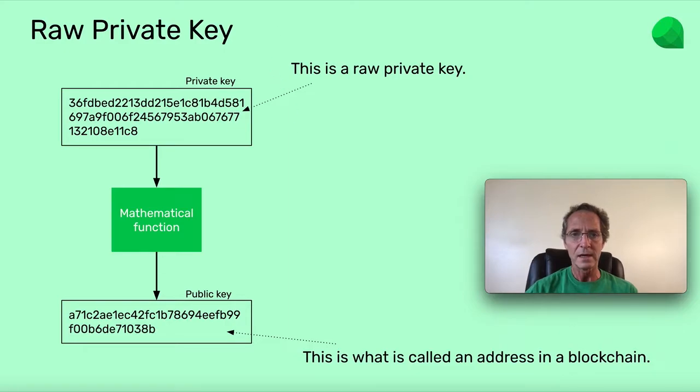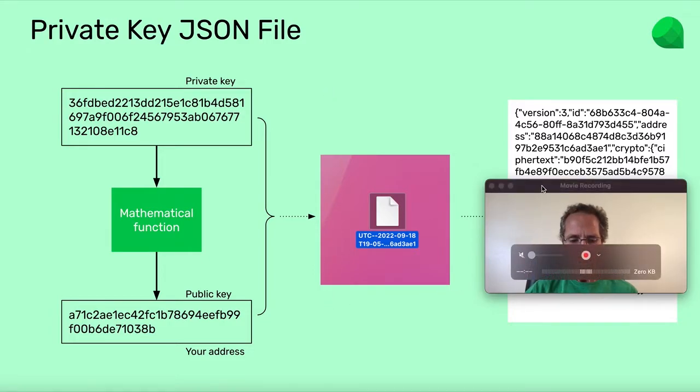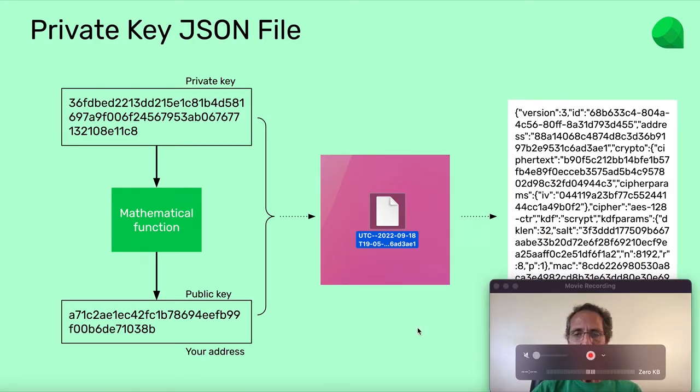The other format is the private key JSON file. This is a very popular format. When Ethereum was launched, a lot of people had their private keys and addresses in this format.